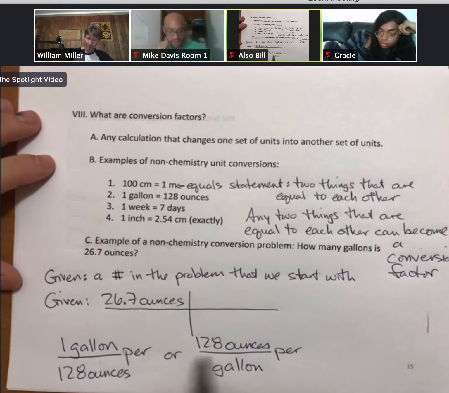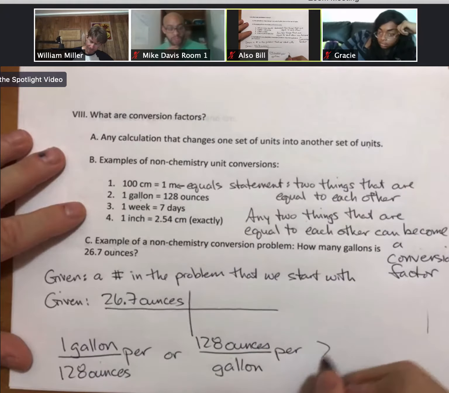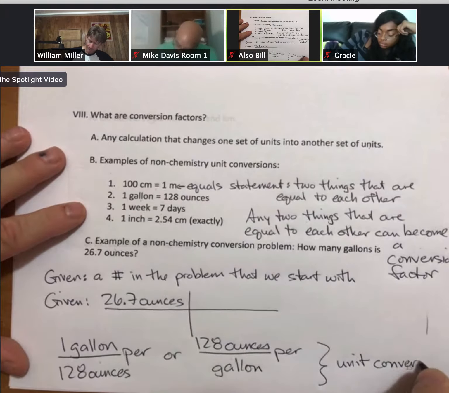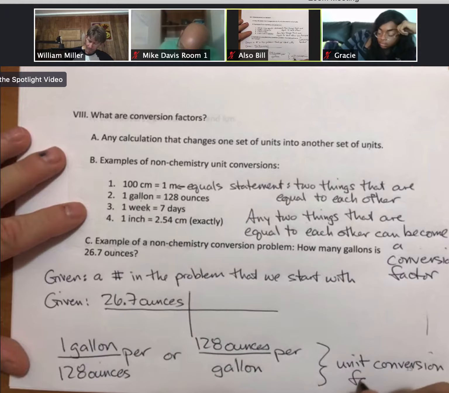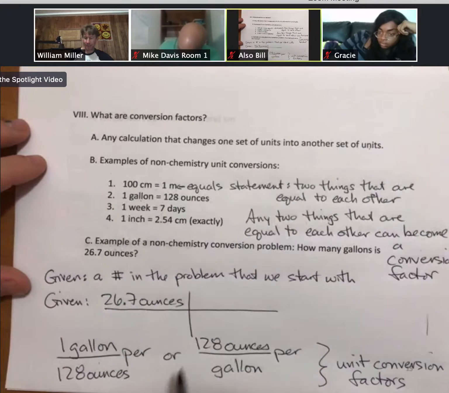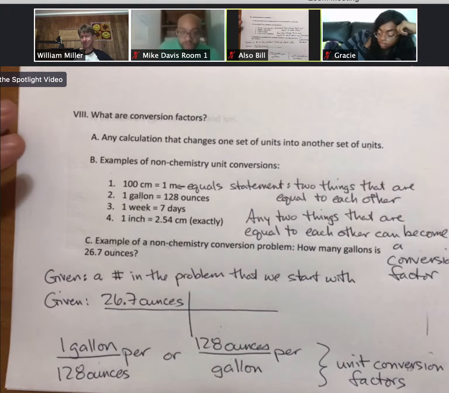So these two things down here are my unit conversion factors. And that just means that when I put them in a fraction, they will change my units. That's what a unit conversion factor is.